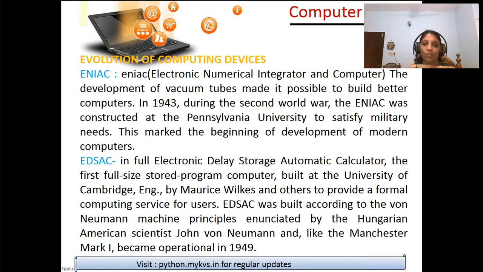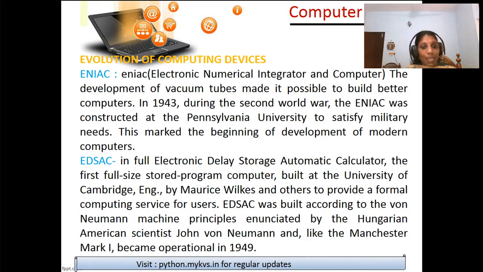The development of vacuum tubes is the main point. The storage system was developed in the form of vacuum tubes, which made it possible to build better computers. This was constructed at the University of Pennsylvania to satisfy military needs. This marked the beginning of the development of modern computers.